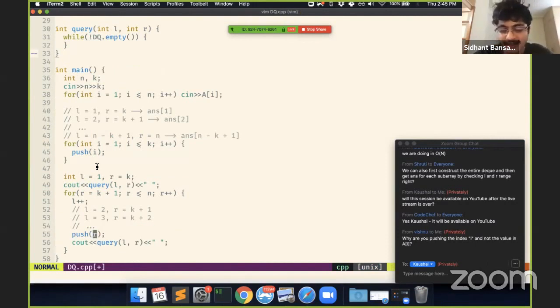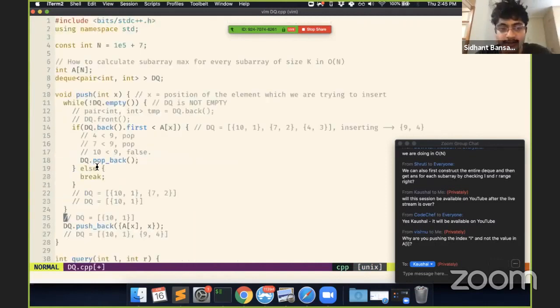Just my push syntax looks like this. I just pass in the index and not the value. I'm pushing in X, which is the position, but I actually access the value also. Here I'm accessing the A of X. So it's not that I'm not accessing the A of I. I am accessing the A of I inside my push code.